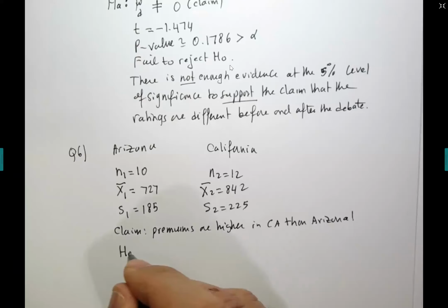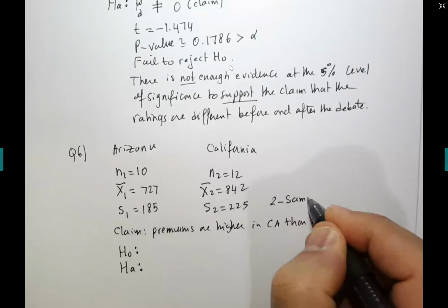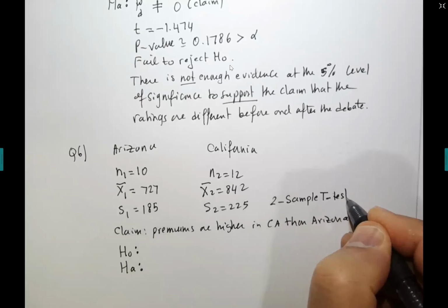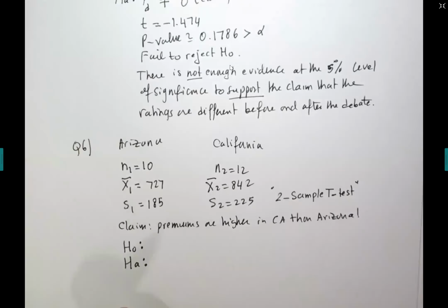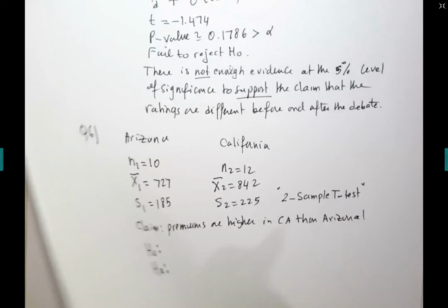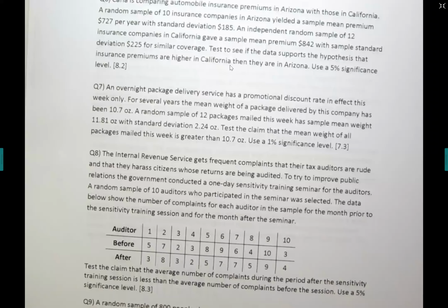H0, HA. And you guys agree with me, since he gave you S1 and S2, it's a 2-sample t-test. And let me see what it says about population variances here. If it didn't say, we do by default a no always. So it is a no if it doesn't say. Yeah, it didn't. So we're going to assume that pooled is no. But I always say that in the problem. Okay, guys.